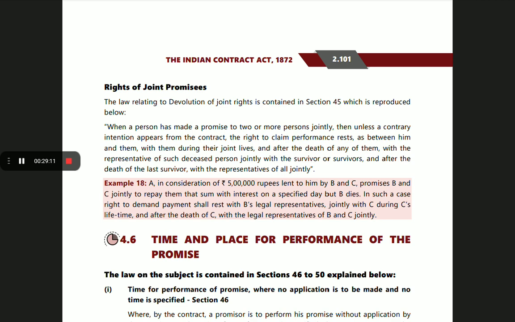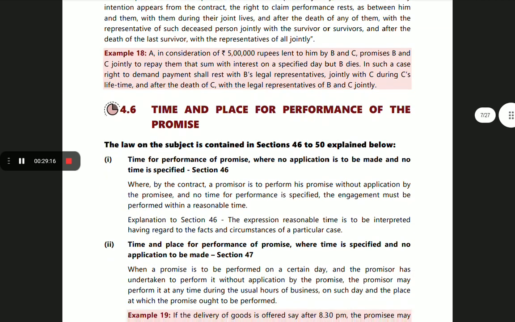Time and place for performance of the promise. The law on the subject is contained in Sections 46 to 50, explained below. Time for performance of promise, where no application is to be made and no time is specified. Section 46.